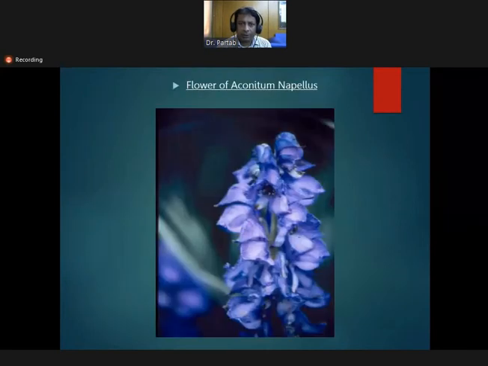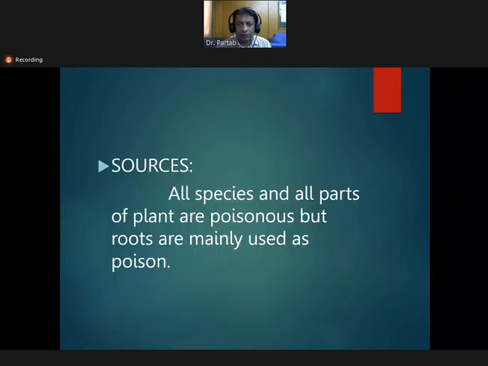This is the plant Aconitum napellus, the flower of the Aconitum napellus, a European plant. The sources: all species and all parts of the plant are poisonous, but the concentration depends on the part of the plant.